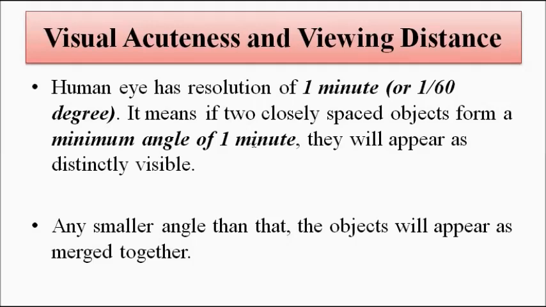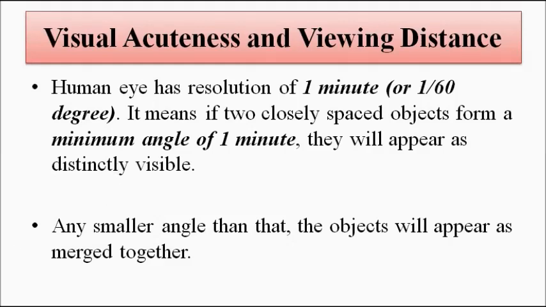They will appear as distinctly visible. If the angle is any smaller than this, 1 minute or 1 by 60 degree, then it will appear as if the two objects are getting merged. So if two objects are 1 by 60 degree or 1 minute apart, then we can perceive them as two separate objects. That is our visual acuity.